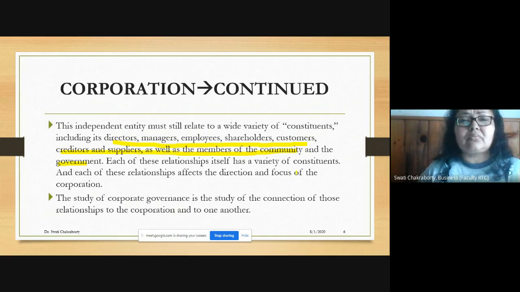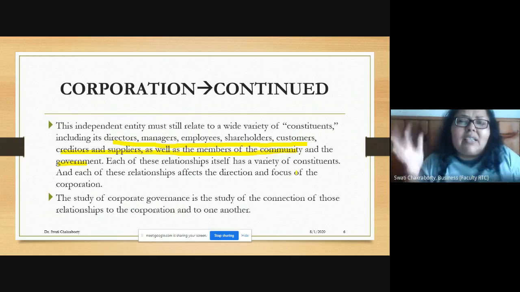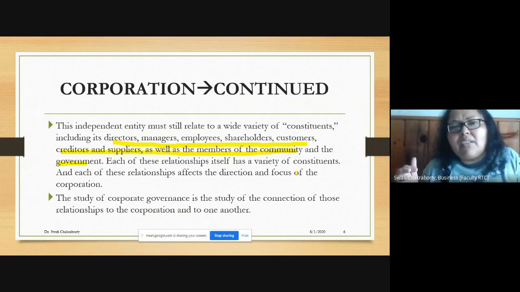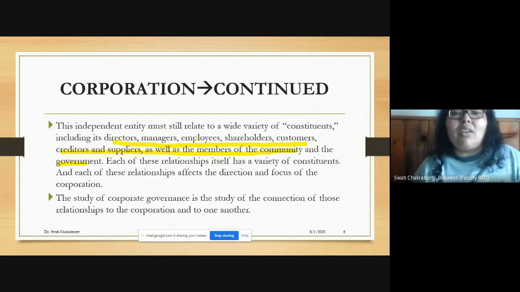A corporation is a business entity whose main purpose is to manufacture goods and services to ensure profit, and all of these people are a group involved in it. We call all of them constituents, or entities.